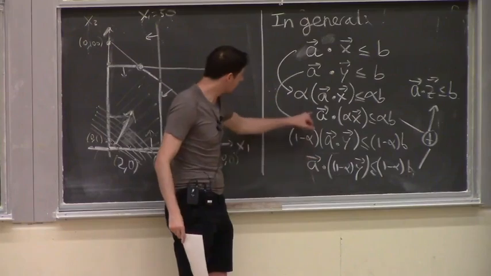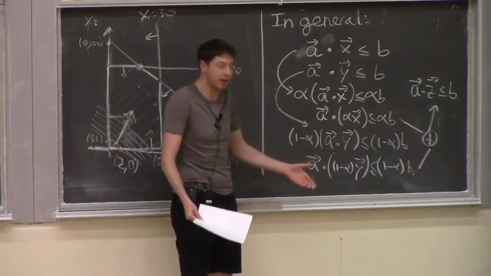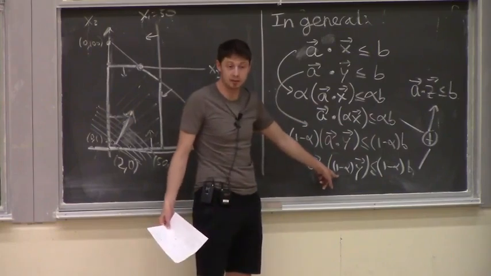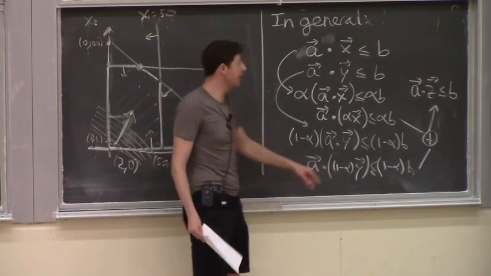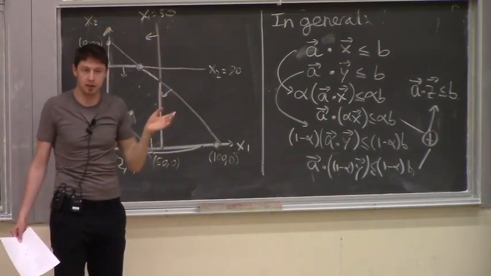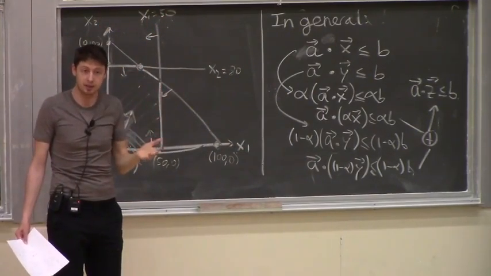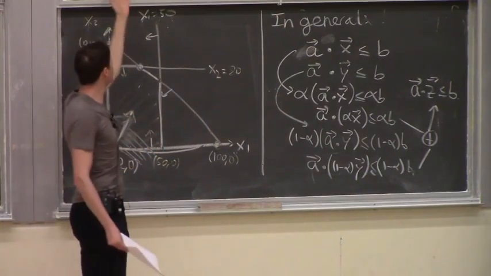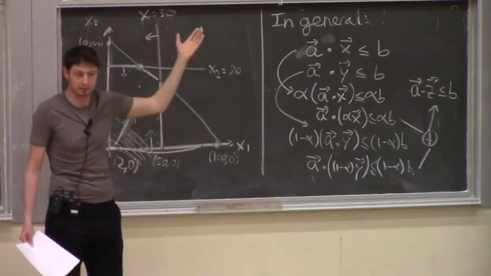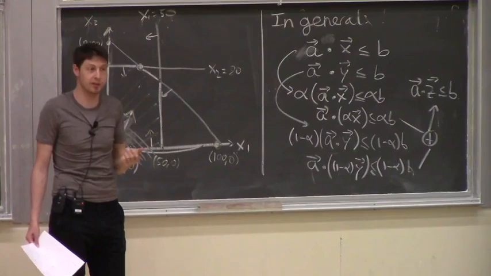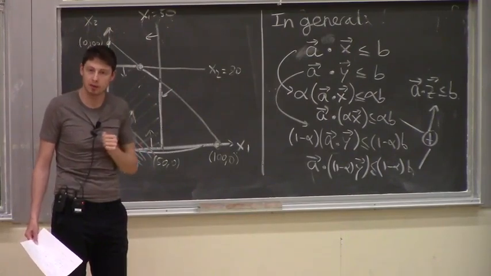Here I can collect A, and what's left inside is alpha x plus 1 minus alpha y. That's z. So what we're saying is that if x and y satisfy the particular constraint, then so does z. And that's true for any constraint. So if x and y were feasible, so is z. This just shows that the set of feasible solutions is a convex set. Do we agree with that?